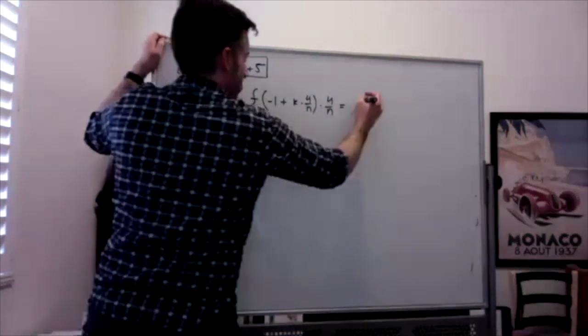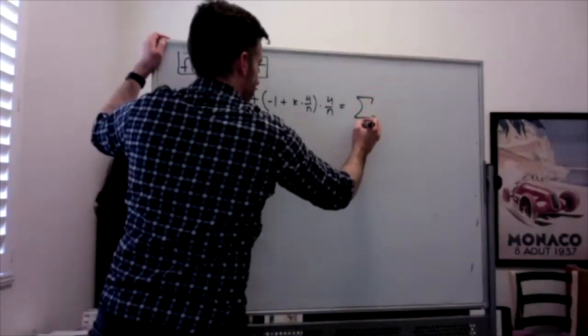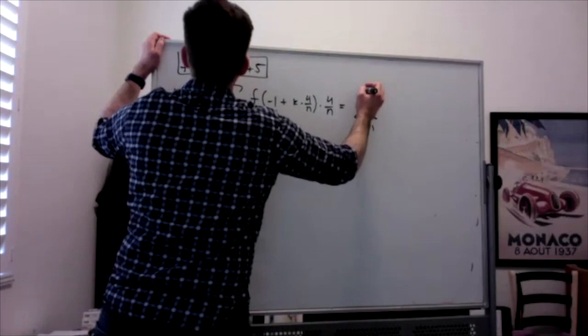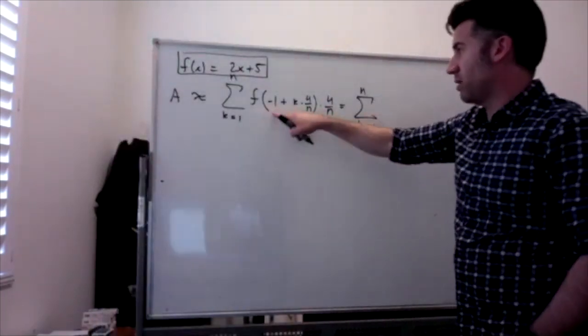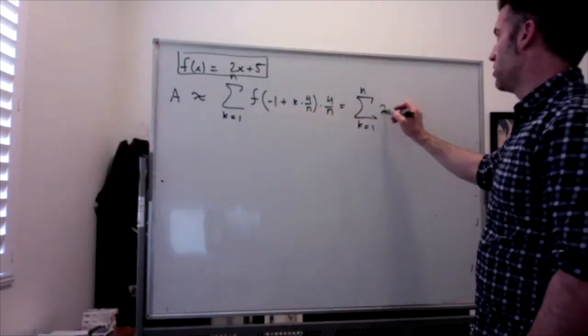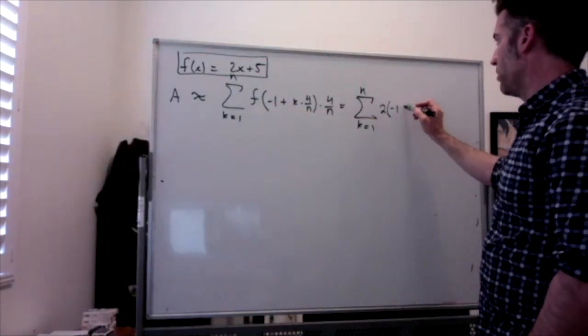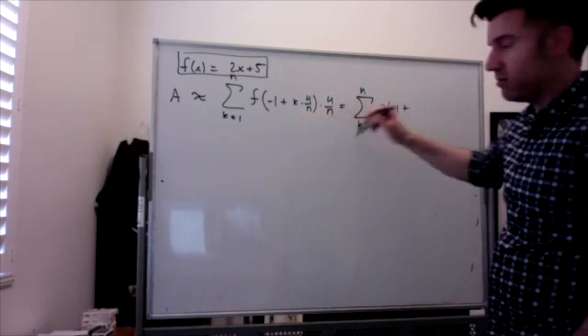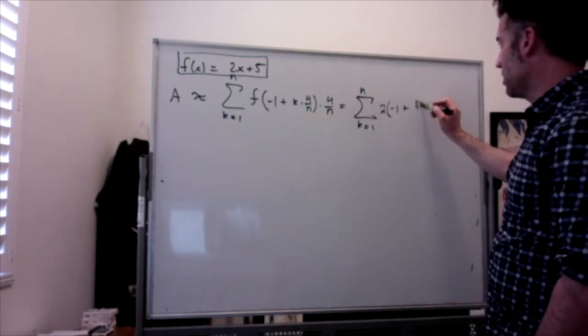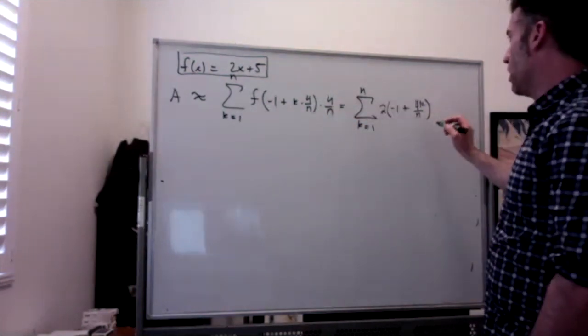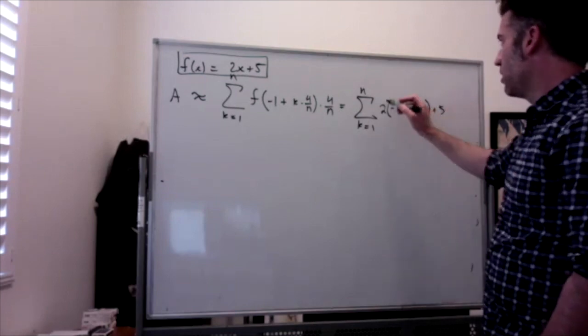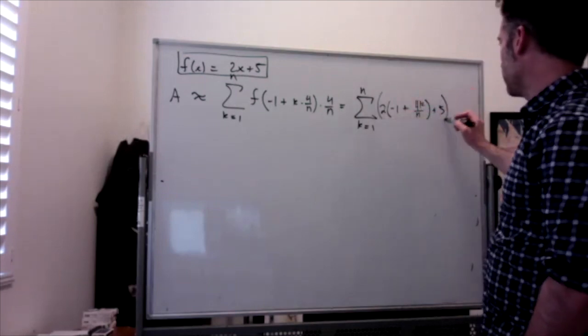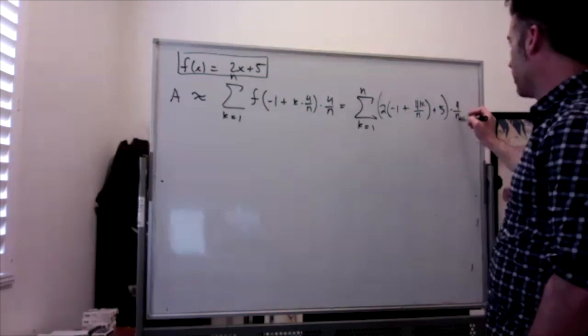So that's going to be the sum from k equals 1 to n of 2 times all this plus 5. So 2 times -1 plus, I'm going to write this as 4k over n, so it's a little easier to handle, plus 5, all of that times 4 over n.